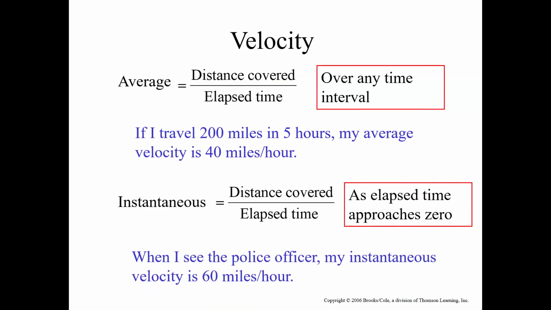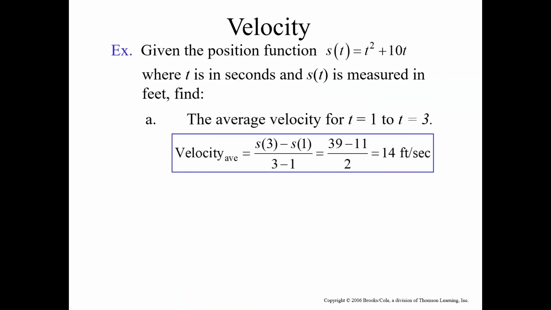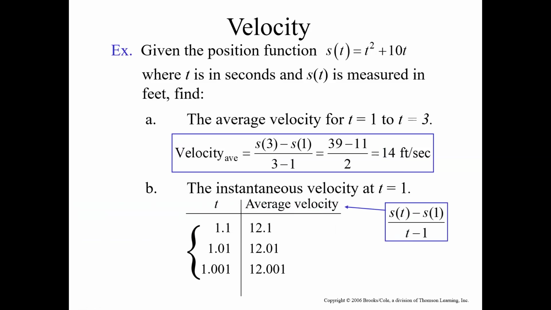When I see a police officer, my instantaneous velocity was 60 miles per hour, or you can convert it to kilometers per hour. So these are some applications of these functions. You sometimes end up getting quadratic equations that you can solve, or linear equations that you can solve. I just want you to see some applications here.